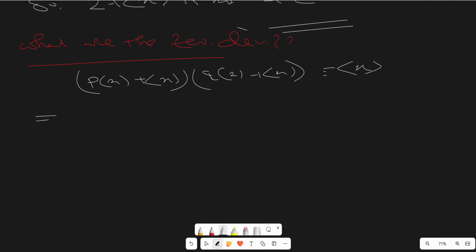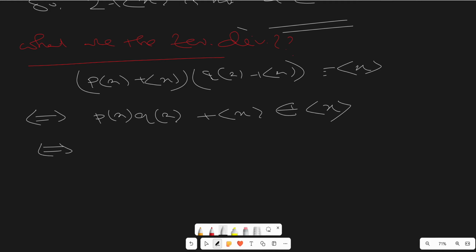It can happen only if p(x)q(x) is a member of the ideal generated by x, and that can only happen if it satisfies p(0) is 0.